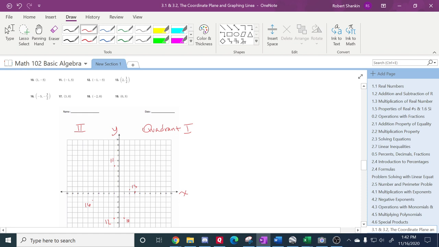Now I want you to notice it. 3, 0. The y coordinate was 0. When the y coordinate is 0, you sit on the x-axis. And then number 18, negative 2, 0.